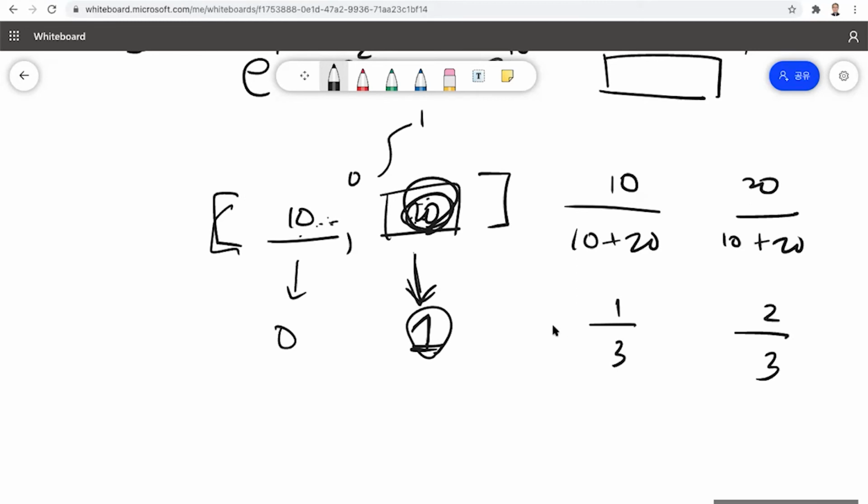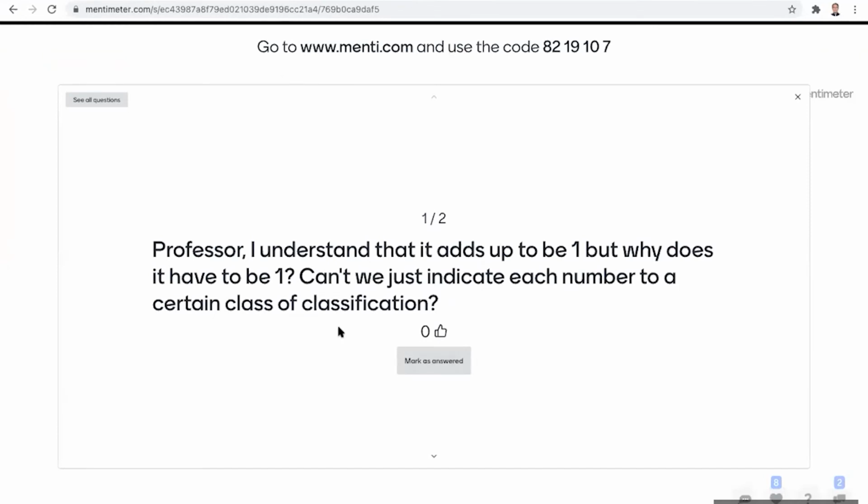You can say it that way, but from my perspective, I prefer to say that this data set has a probability of this amount to be in class 1.